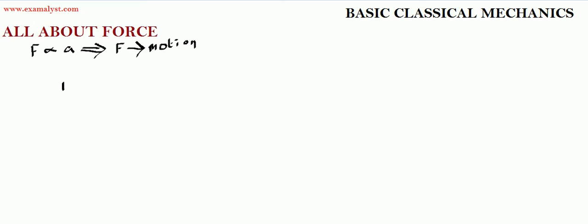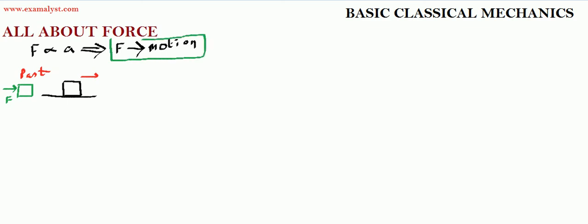So for example, if there is an object and this object is moving in a straight line motion, it means at some point in the past, there was a force that acted on this object and this force created motion.